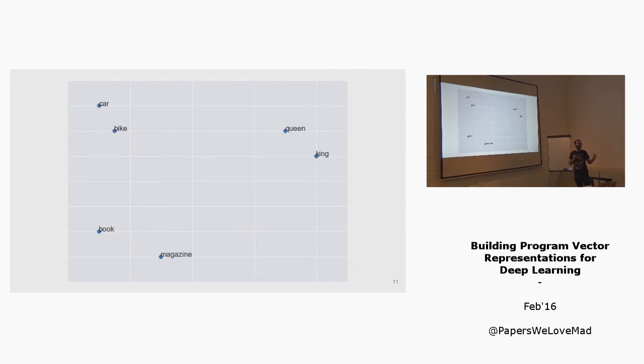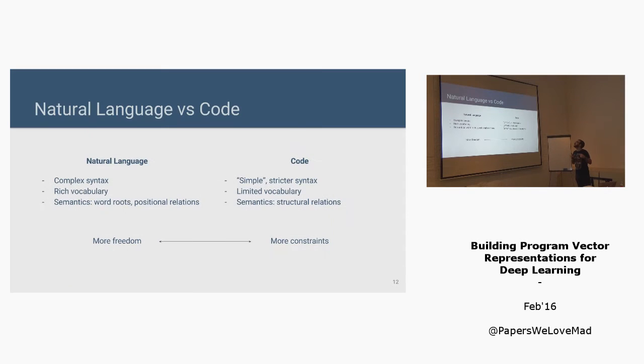So now we are aiming to do something similar with code. But code is not language. They have very deep differences, so if you just take the word2vec algorithm and feed it a whole code base of, say, JavaScript code, it's not going to work properly, because code and natural language have very fundamental differences.